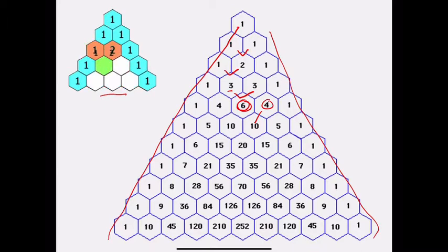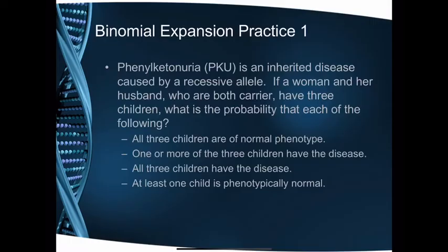I'm going to step away from this right now, and we're going to look at a practice question, and I'm going to show you how you'll use Pascal's triangle to work through the problem, okay? This is binomial expansion again, and this is our first practice problem. Phenylketonuria, or PKU, is an inherited disease caused by a recessive allele.